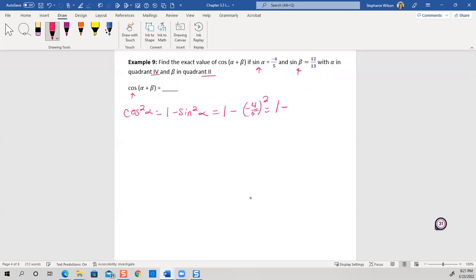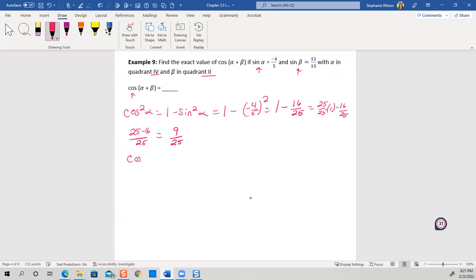So negative squared is positive, 4 squared is 16, 5 squared is 25. Now we need a common denominator, which is 25. So 25 times 1, I got 25 minus 16 all over 25, which gives me 9/25.